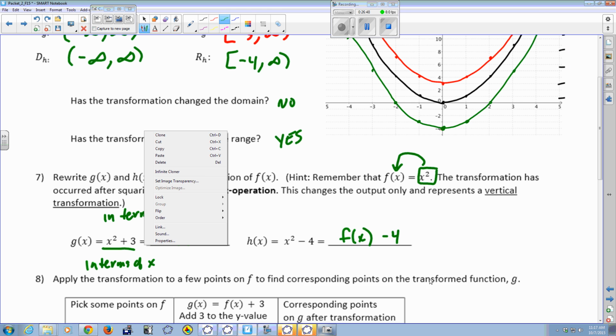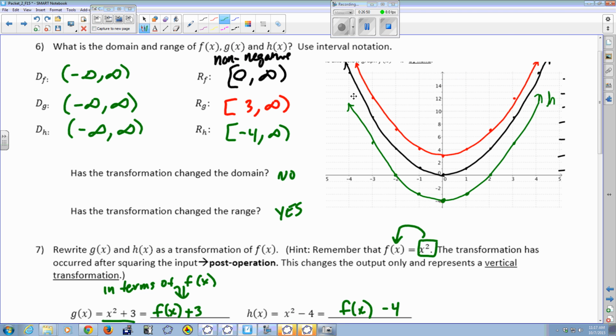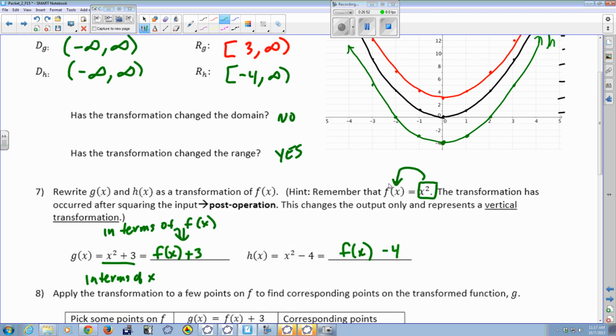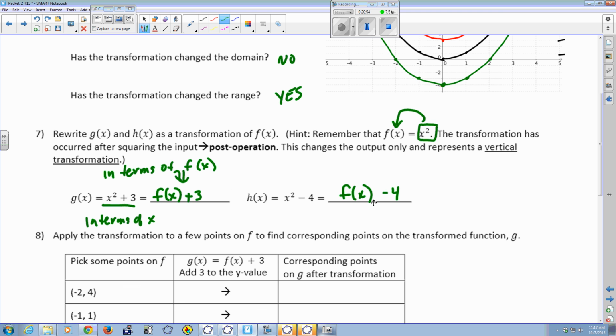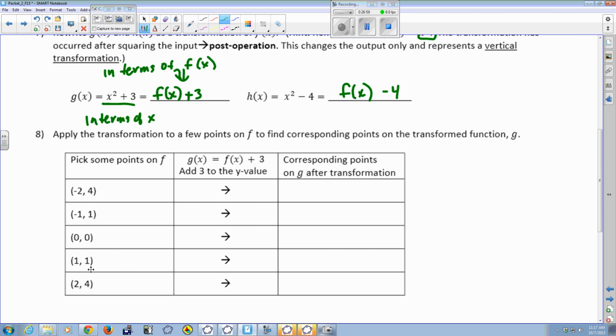Okay, so here we have, folks, visual representation of transformation, an algebraic representation of the transformation. And now, if you had just some points in a table and you saw that your new function was your old function with 3 added to it, all you do is add 3 to your y value.